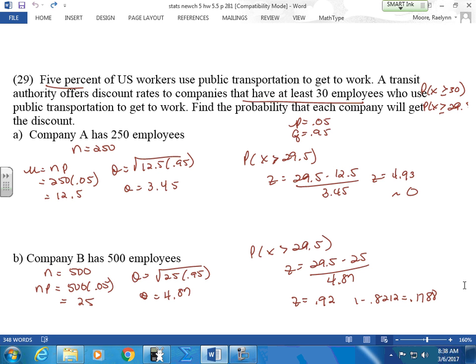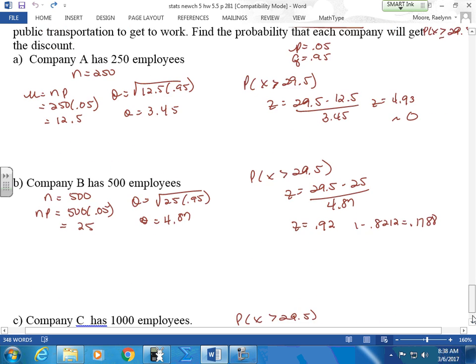You had to redo your standard deviation for each part. So look what happens to your standard deviation when you go from 250 to 500. Your mean got a little larger. Normally your mean didn't change before, but these are different. These are binomials. So my standard deviation is a little bit spread apart. Your statements are the same.